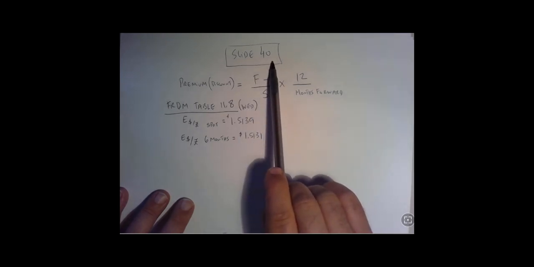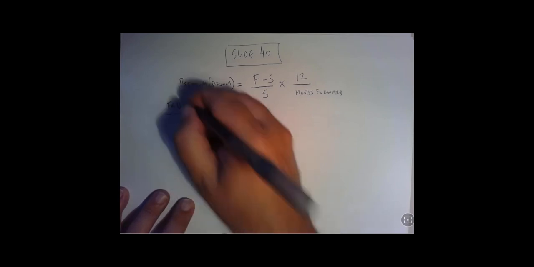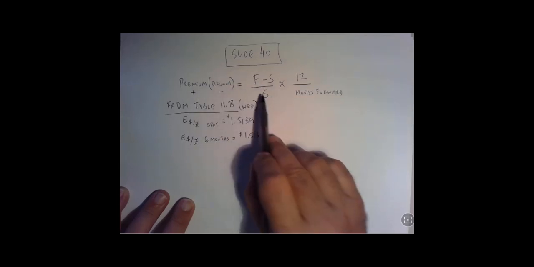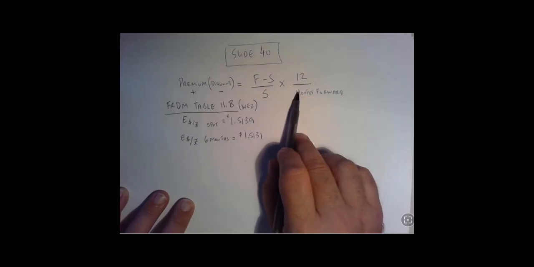Now let's look at evaluating if a currency is selling at a premium or discount in the forward market, and by how much. This is the formula given to you on slide 40, which says that the currency is selling at a premium if this equation gives a positive value, or a discount if it gives a negative value.